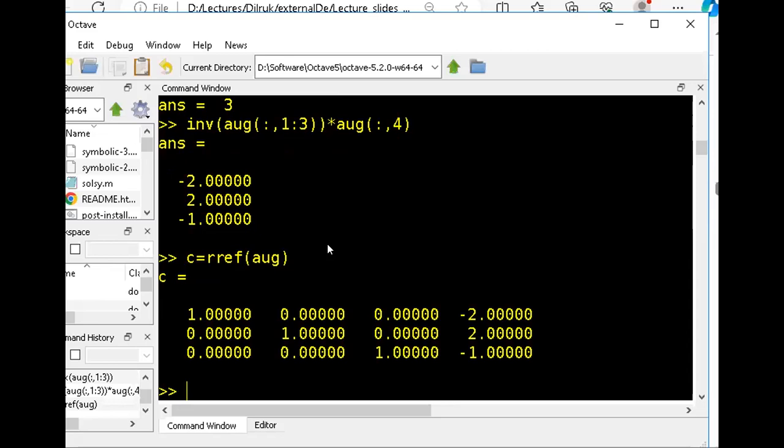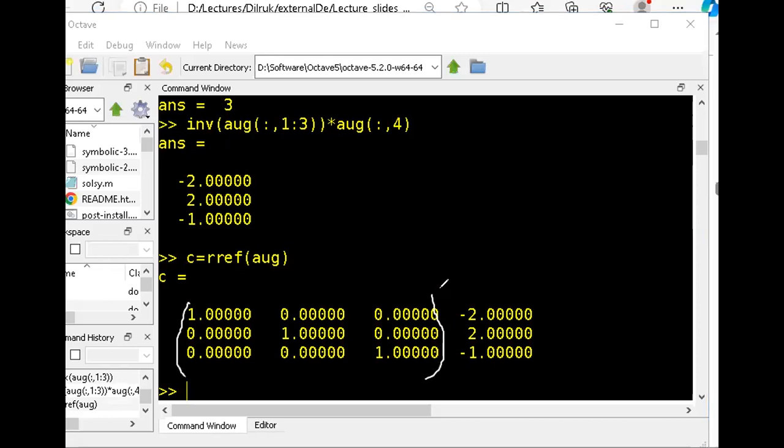Here we go, this is my row reduced echelon form. So this is my coefficient matrix.